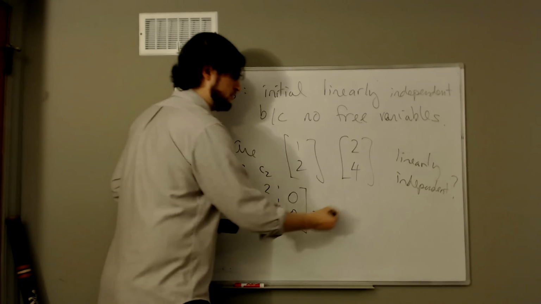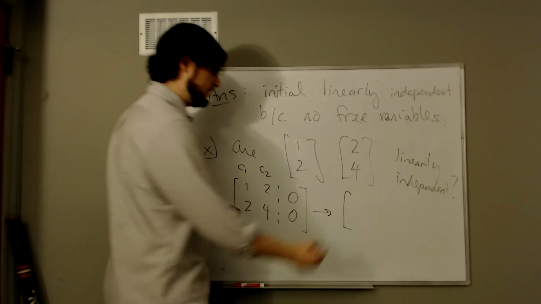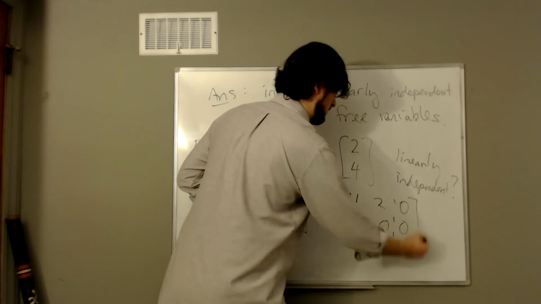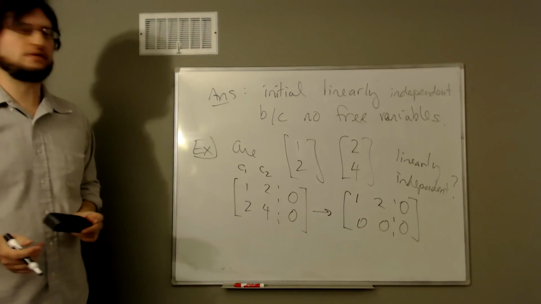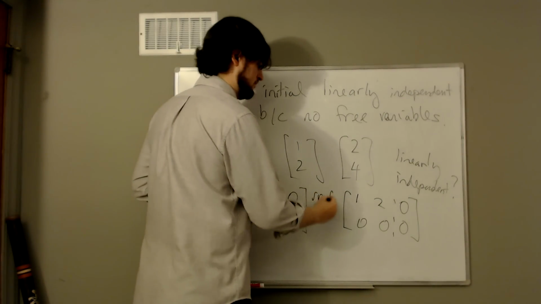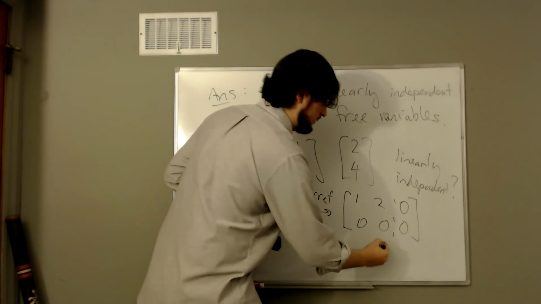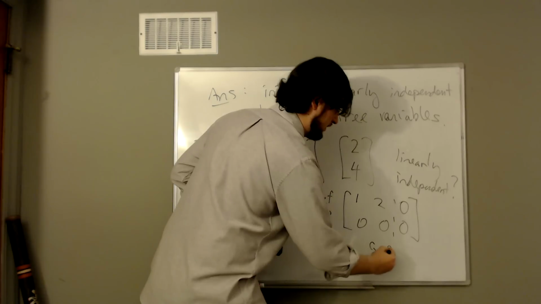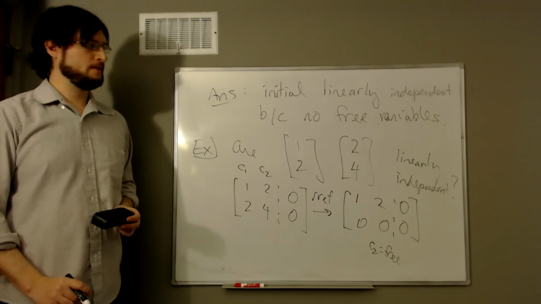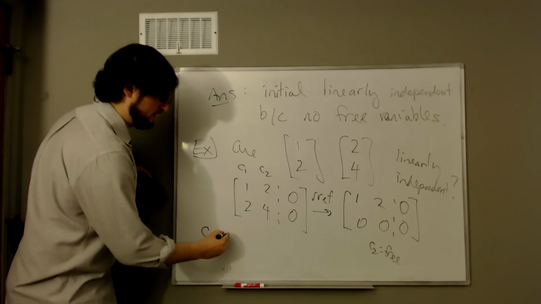If we row reduce this matrix, what we get is 1, 2, 0, 0, 0, 0. This is the reduced row echelon form of this matrix. We see here that C2 is free because there's no pivot in the C2 column. What this means is that C1 is negative 2 C2.